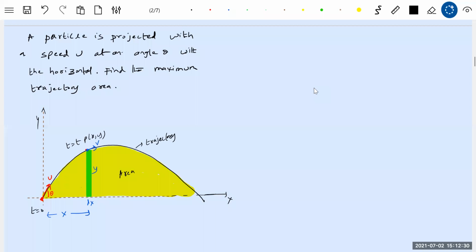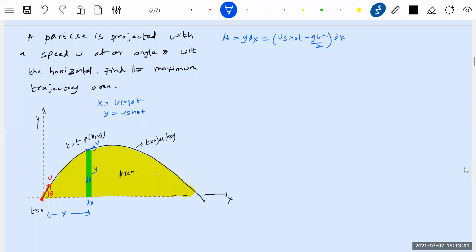So let me directly go for dA. Let me write this as dA. What is dA equal to? y dx. What is y equal to? u sine theta t minus gt square by 2, into dx. What is x equal to? We know x is equal to u cos theta t. Let me write it for reference here. Now dx, if I differentiate this, what do I get?